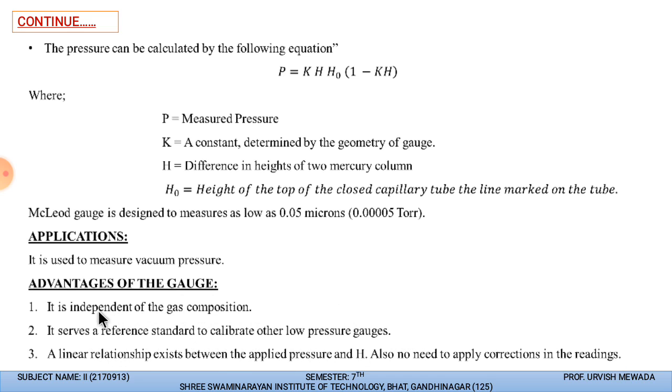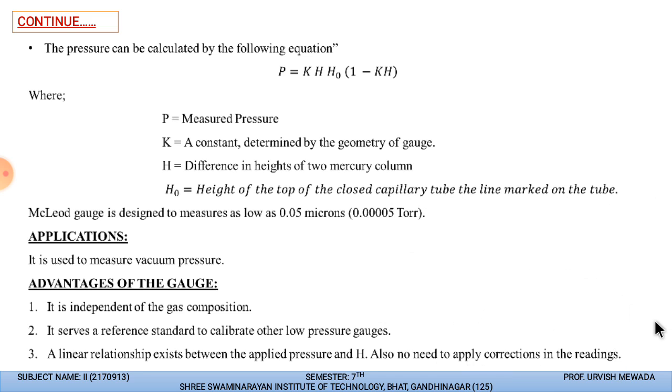That is useful to measure an accurate value of the pressure, and a linear relationship exists between the applied pressure and H. Due to this linearization, there is no chance of generating error, and no need to apply correction to the reading. So the reading shown by this gauge is an errorless reading.